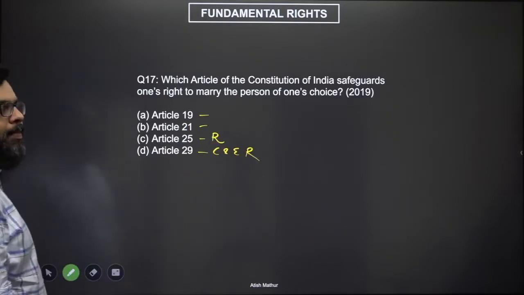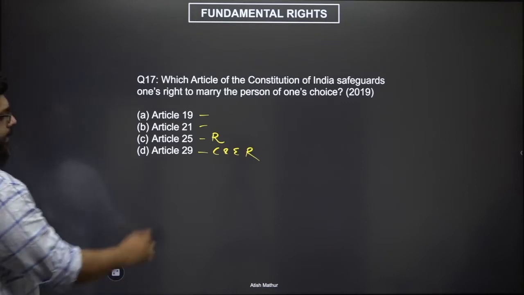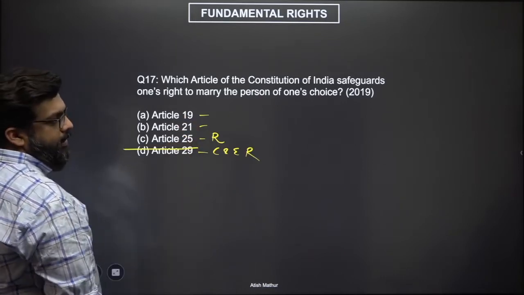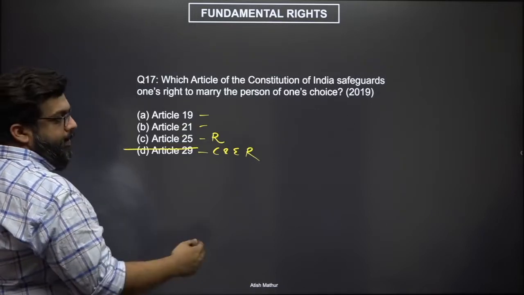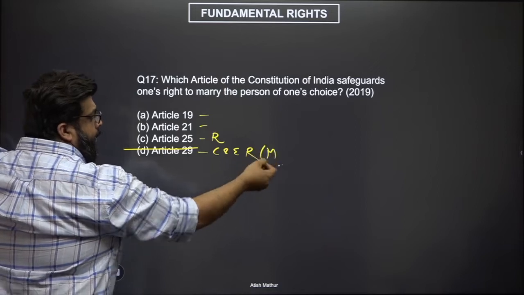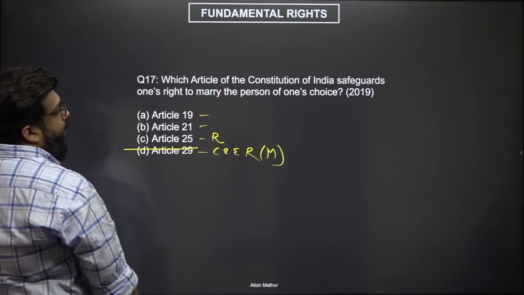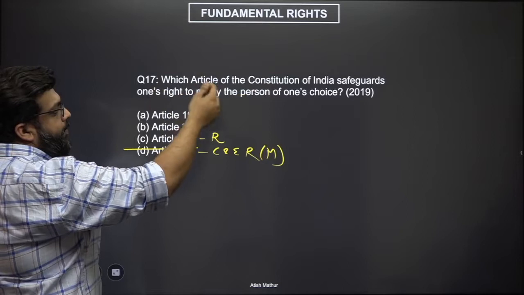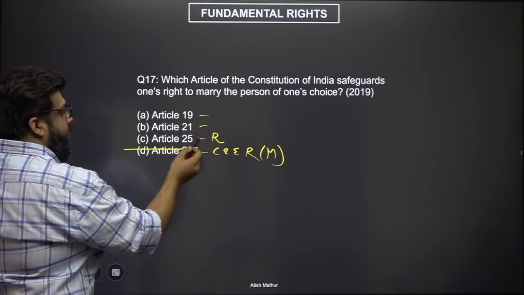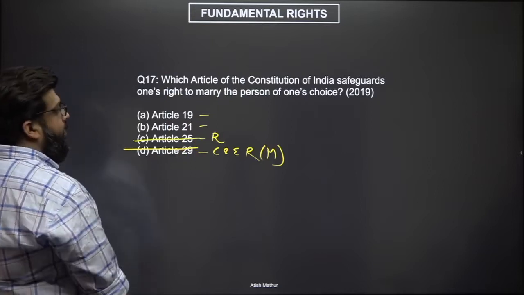Now let's eliminate by devil's advocate. Definitely not Article 29, because marriage has nothing to do with cultural and educational rights, this is largely for minorities, and we're talking about marriage of anybody. This means we're also talking about marriage of anybody, whether they are following a religious custom or not. So there you go, 25 is out.